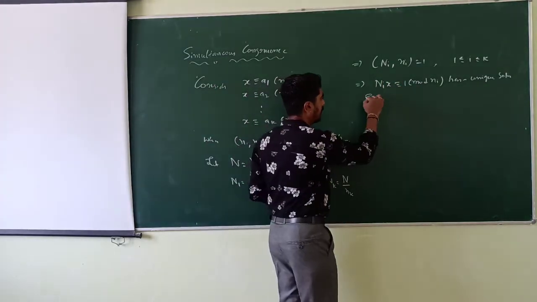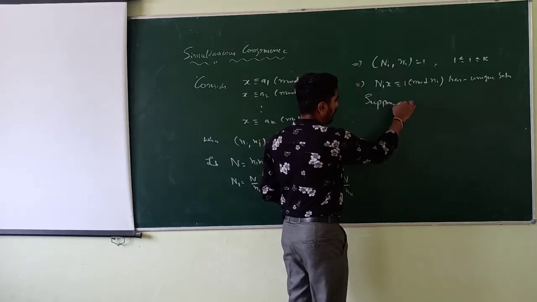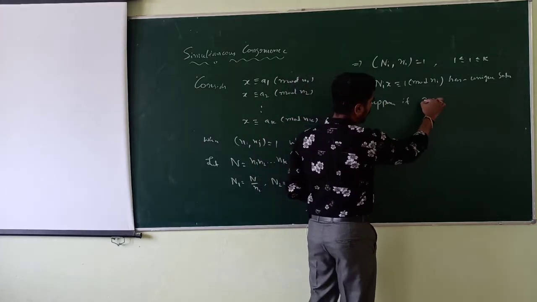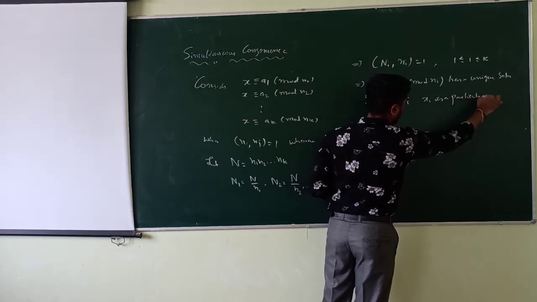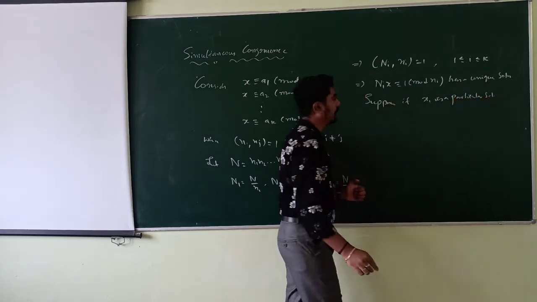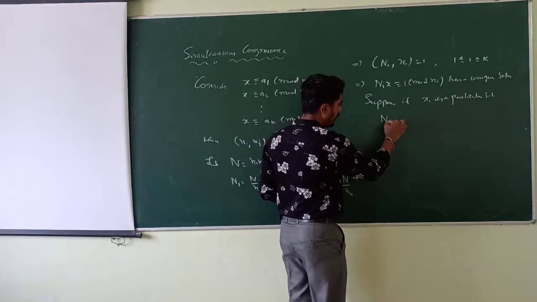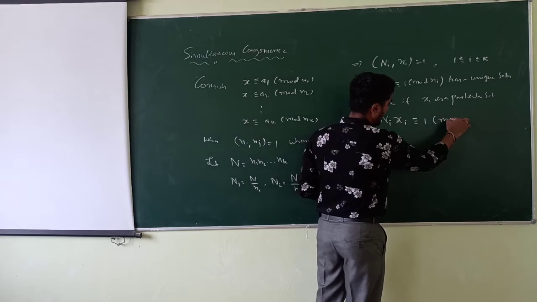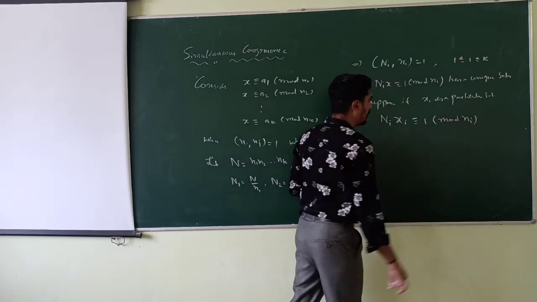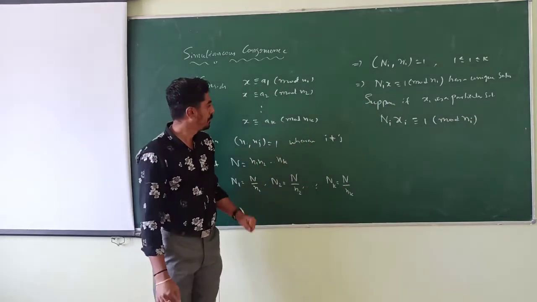Suppose xi is a particular solution, then we have Ni times xi congruent to 1 mod ni, where i is between 1 and k.